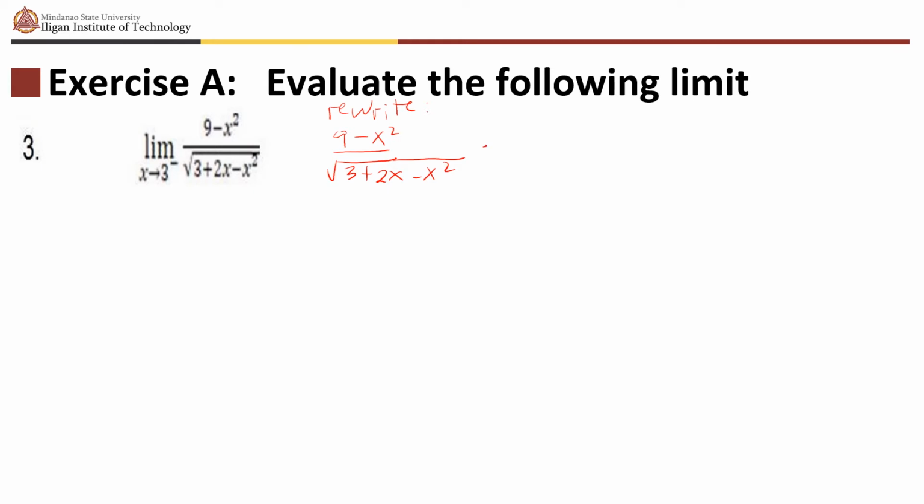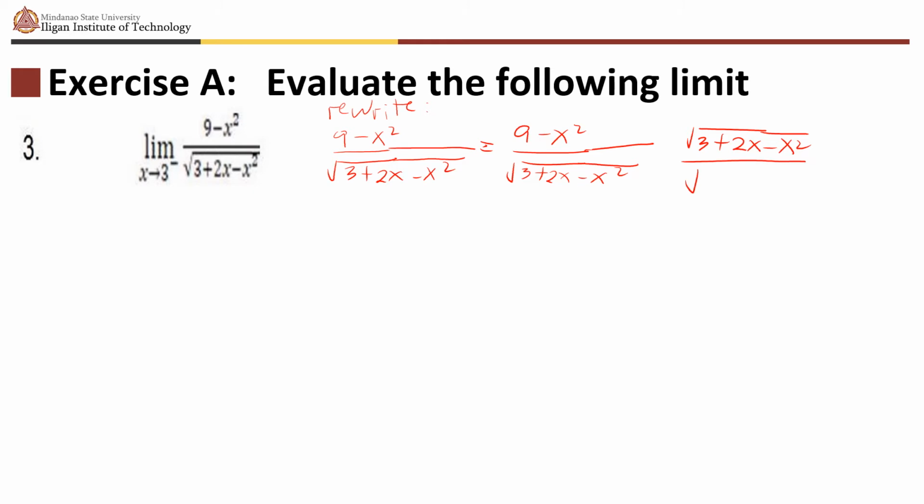It is now equal to 9 minus x squared all over square root of 3 plus 2x minus x squared, times square root of 3 plus 2x minus x squared all over square root of 3 plus 2x minus x squared.